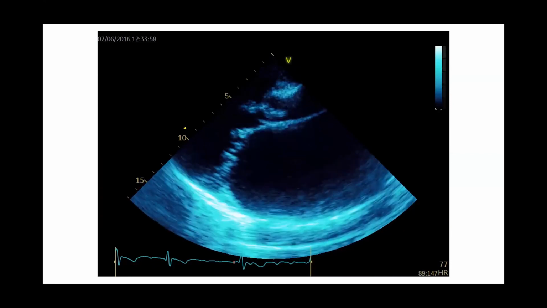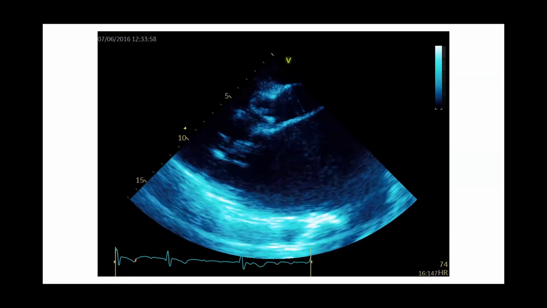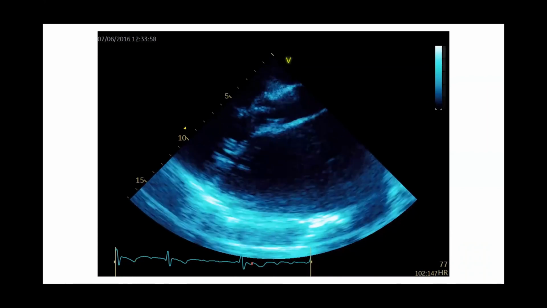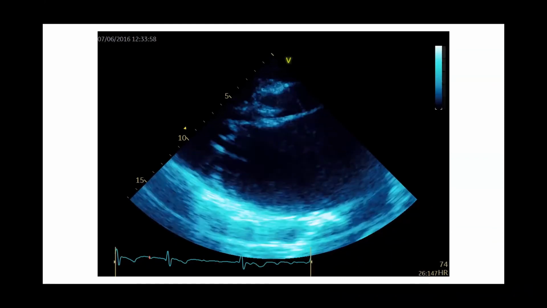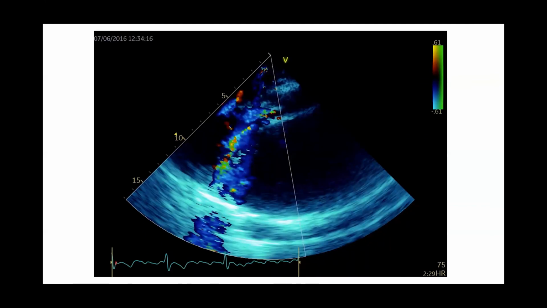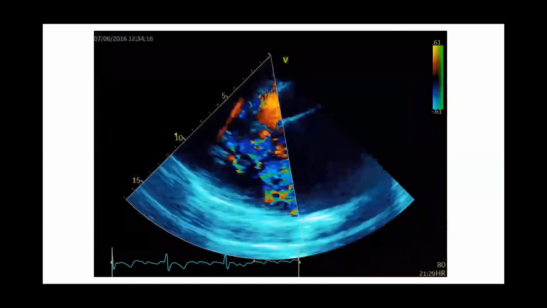And then we've got hockey stick appearance of anterior and posterior mitral valve leaflet, and due to the probably dilatation as well of the atrium, there seems to be almost a coaptation defect during systole of the two leaflets.